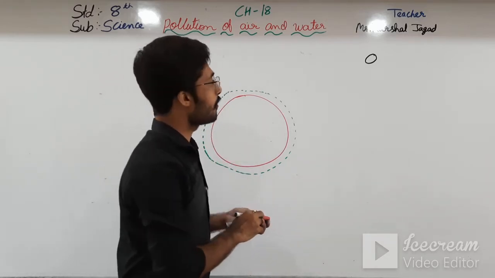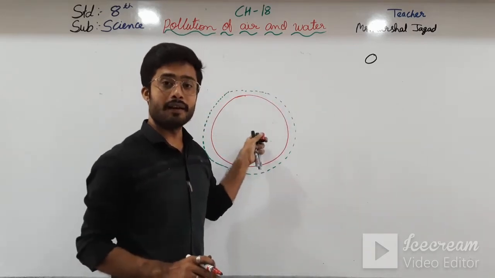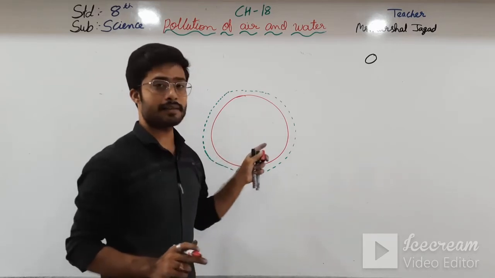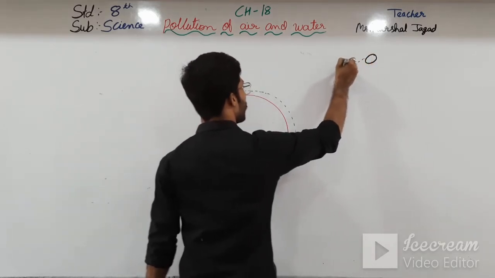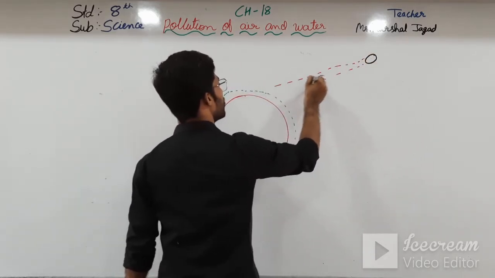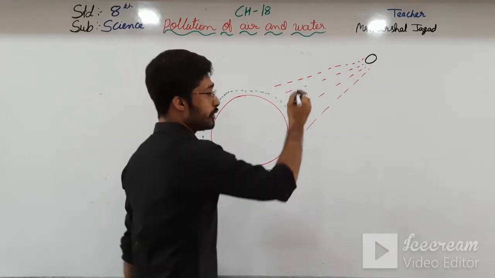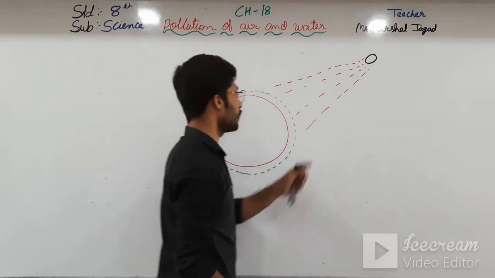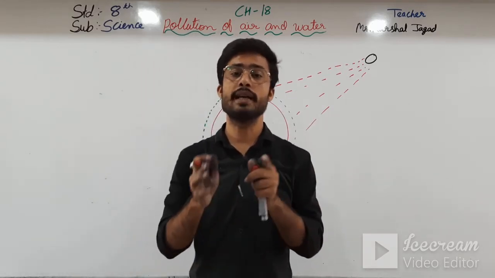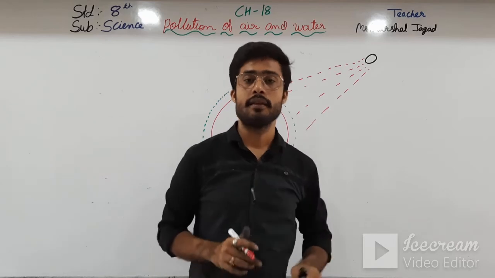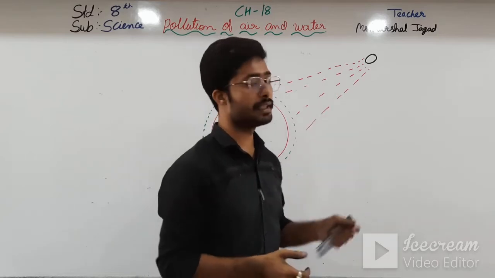I know that the sun is bigger than the earth, but in this case the sun is very far, so it is small. The light that comes from the sun has UV rays also. The ozone layer protects us from the UV rays of the sun.